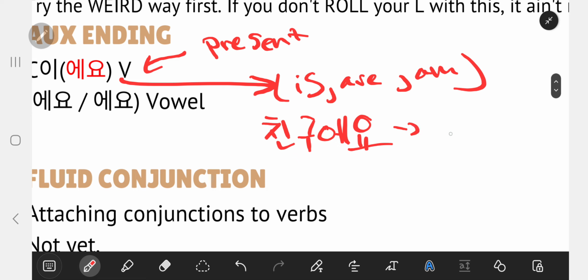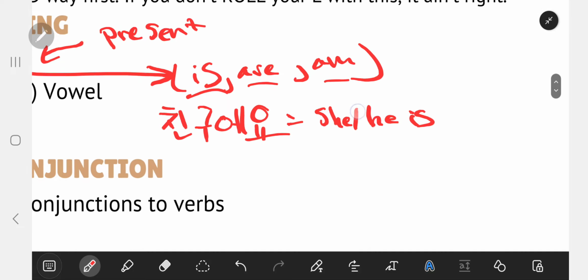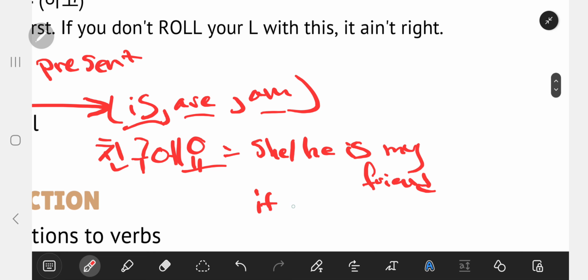And that could mean, based on context, remember it could be this, or this. So it could mean something like, she or he is my friend, or it could be it's my friend, it is my friend.